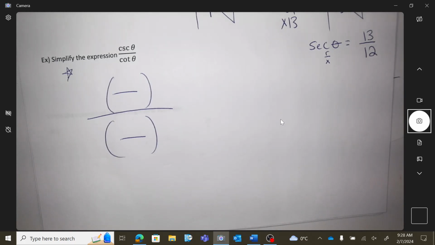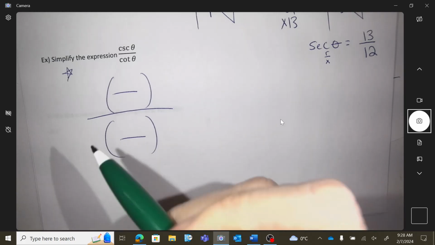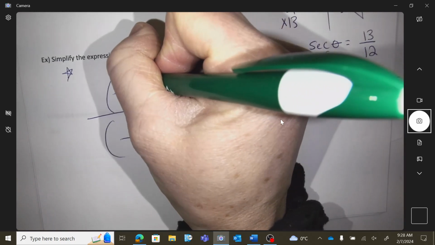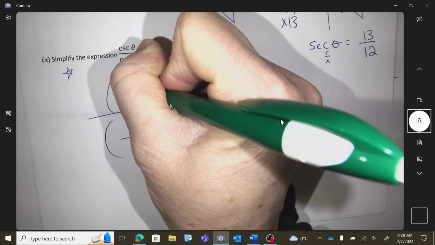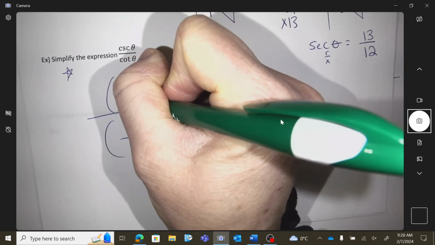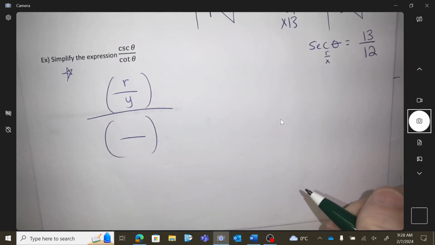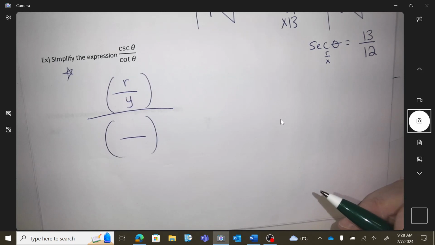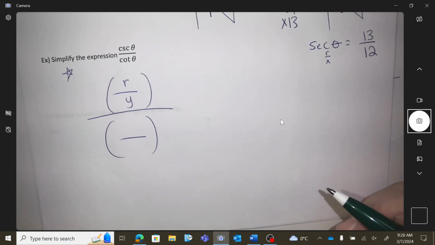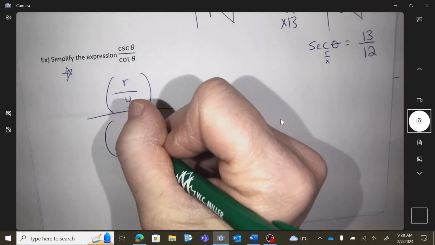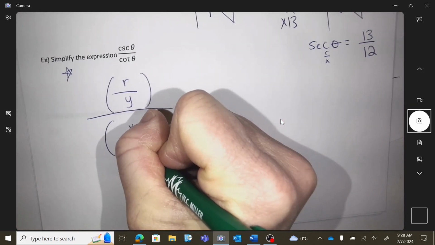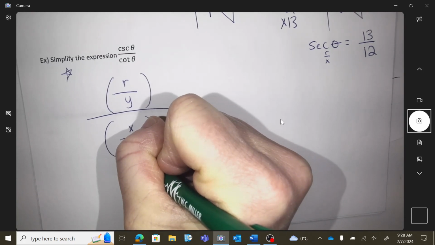So cosecant is what divided by what letter? Did you pick R over a Y? Is that the right one? Cotangent is what letter divided by what letter? Right, X over a Y.